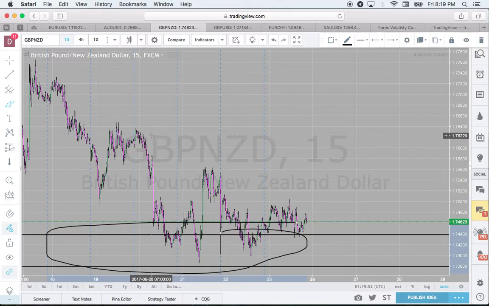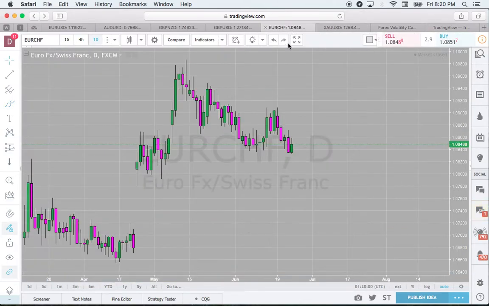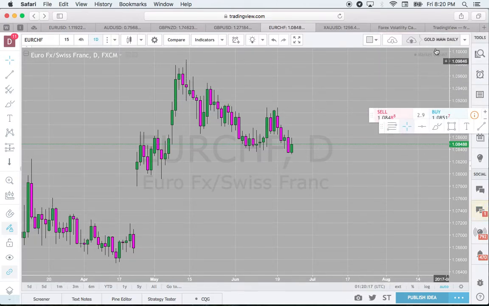There are trades that are 1 to 10, 1 to 20, 1 to 50 pip risk reward ratios. Euro CHF had, I believe, a 1 to 127 pip reward risk reward ratio, and you can go see it on my TradingView ideas, I have it posted.